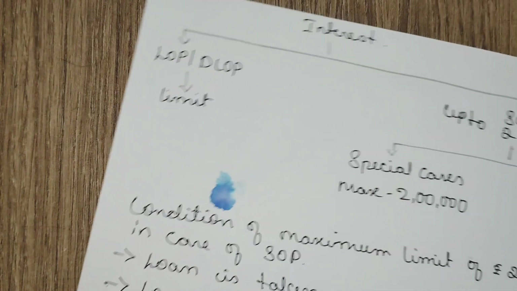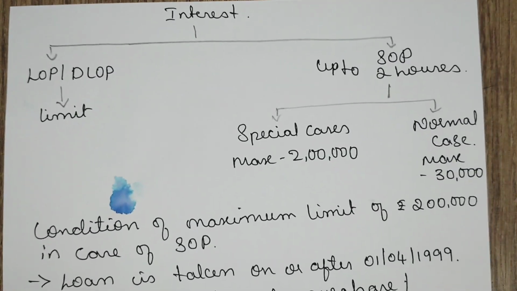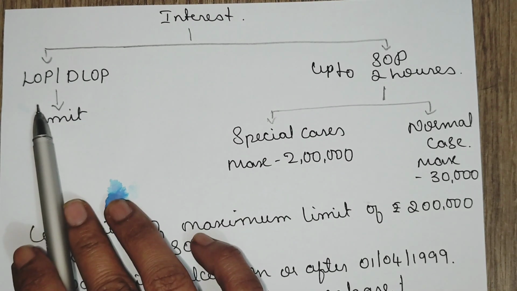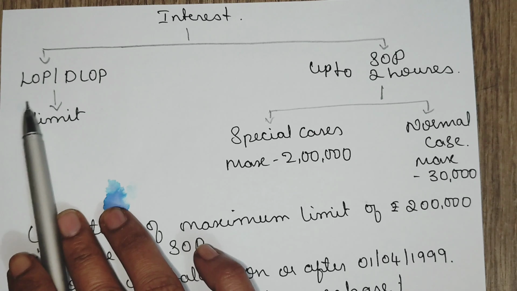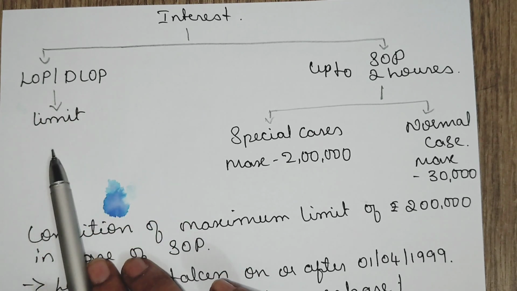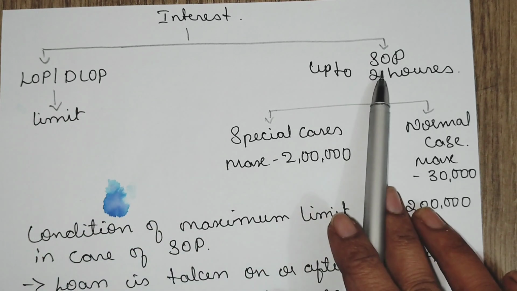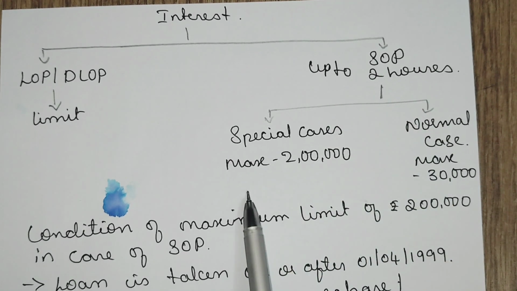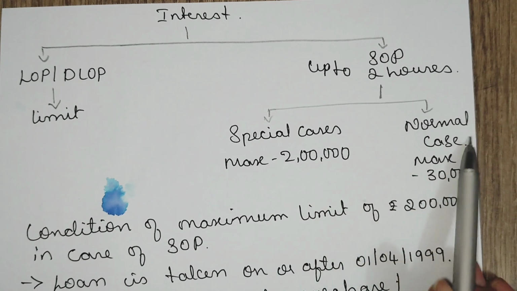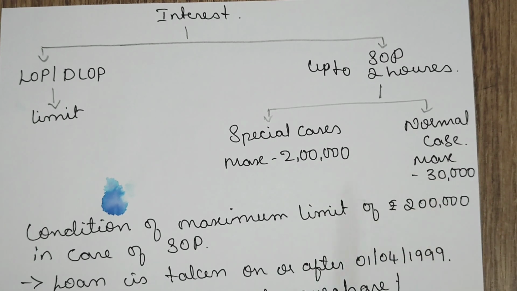Now, interest for LOP and DLOP, that is let out property or deemed to be let out property, there is no limit. For self-occupied property up to 2 houses, in special cases maximum 2 lakh, in normal cases maximum 30,000 is exempted.